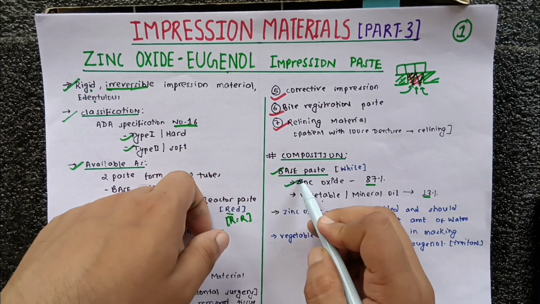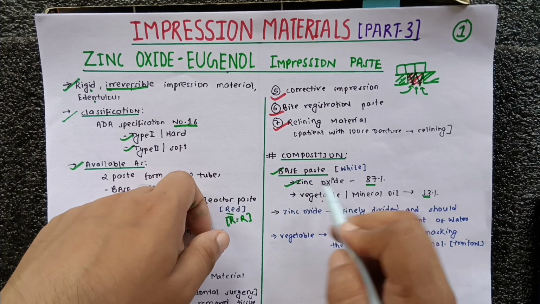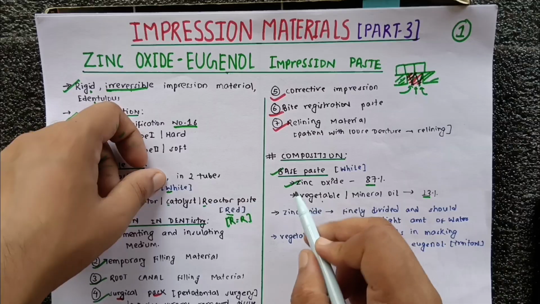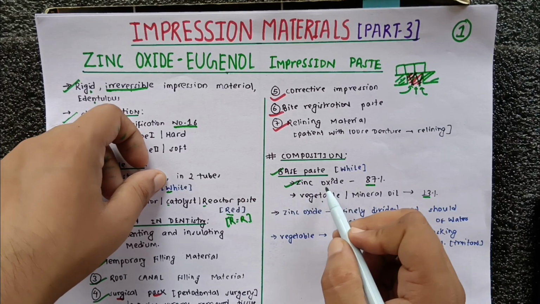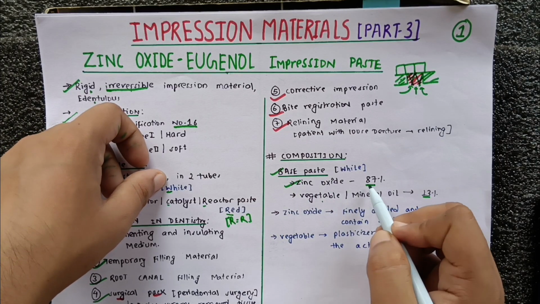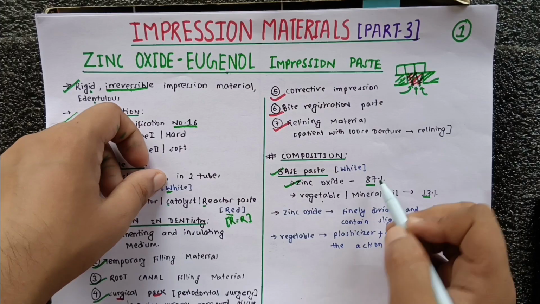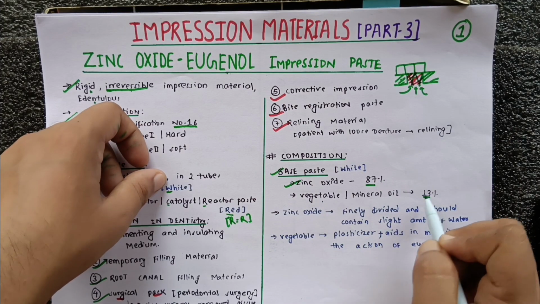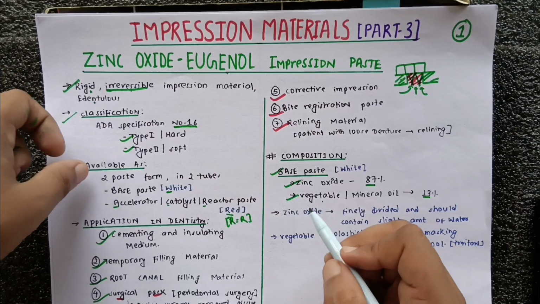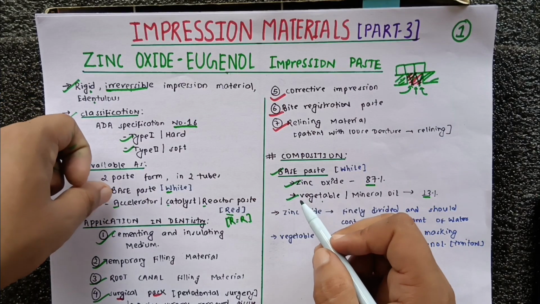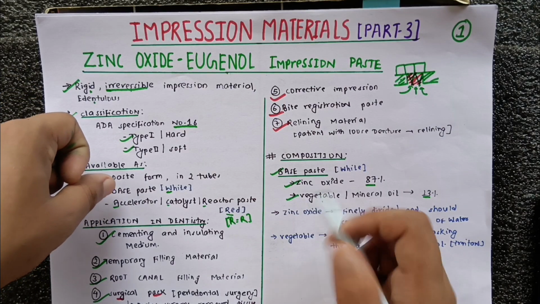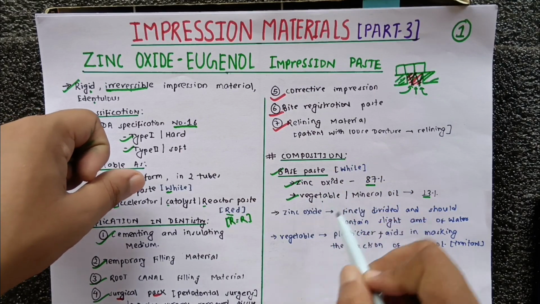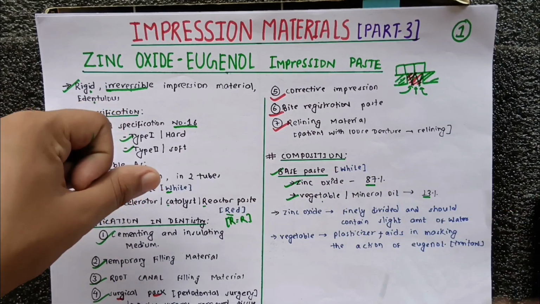Zinc oxide is the major constituent of the base paste, at 87%. The other is the vegetable or mineral oil, which is 13% and is the second major component of this base paste. So we have two components present in this base paste: zinc oxide and vegetable or mineral oil.